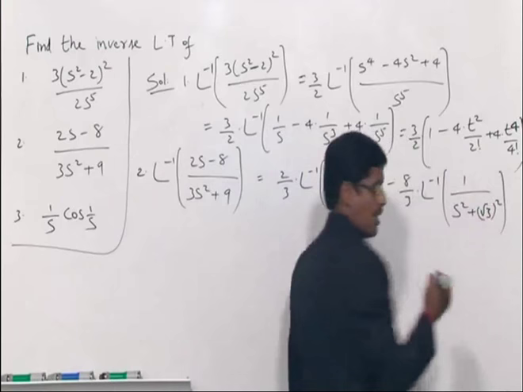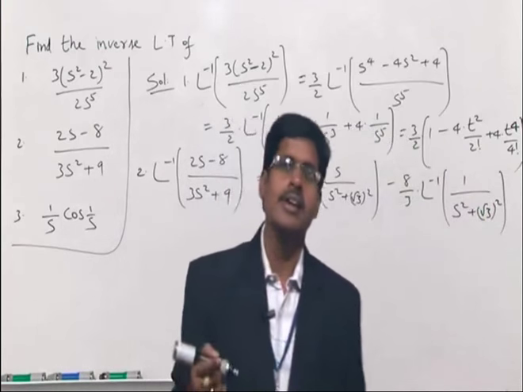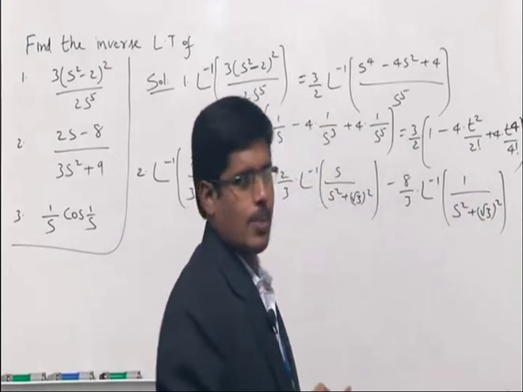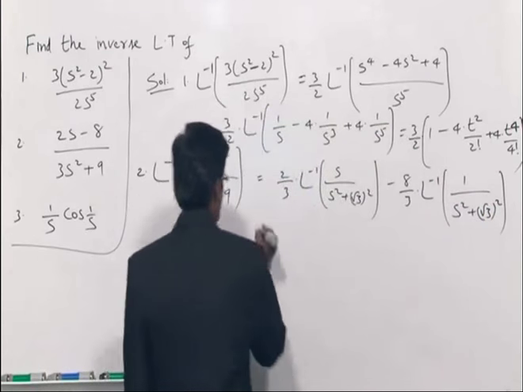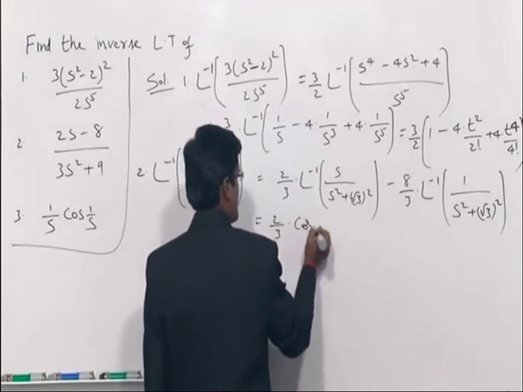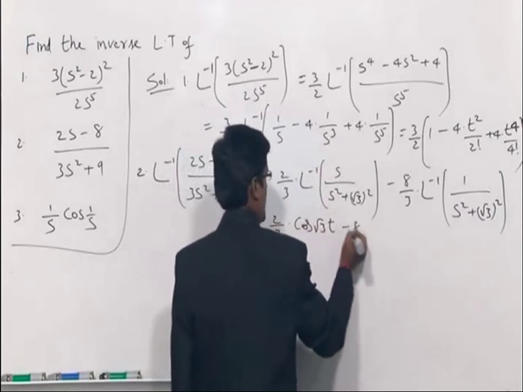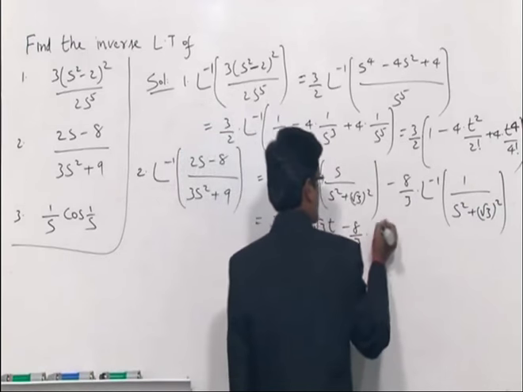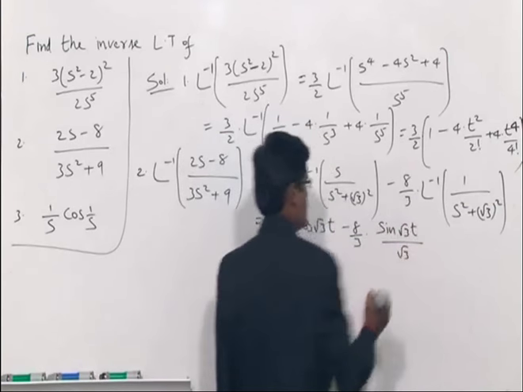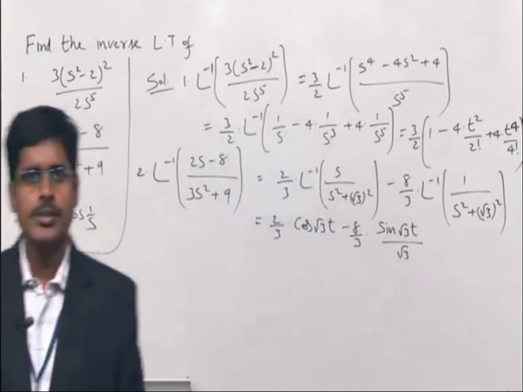Due to this only I have considered in inverse formulas yesterday 1 over s square plus a square instead of a over s square plus a square. So this is 2 over 3 times cos root 3 t minus 8 by 3 into sin root 3 t divided by a, using standard formulas.